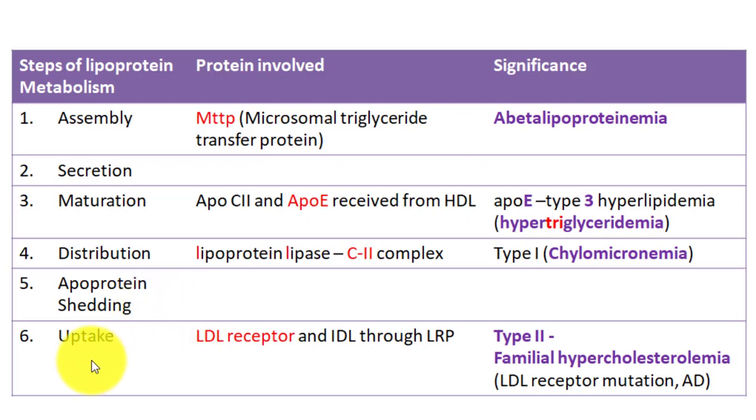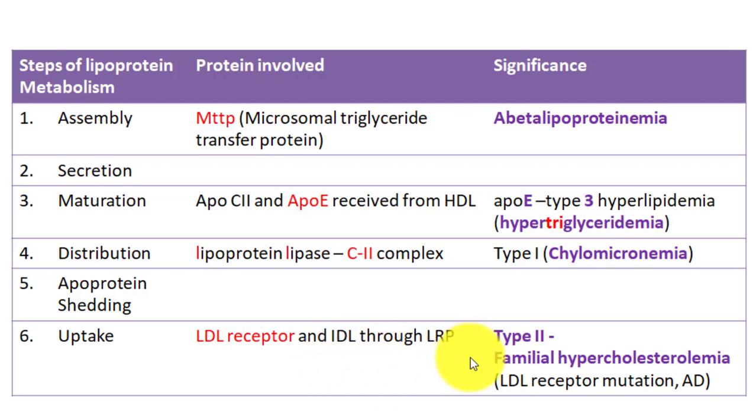Now this LDL will be taken up by the LDL receptor of hepatocytes. Generally 70% of LDL will be taken up by hepatocytes. So the LDL receptor on hepatocytes will take up this LDL, and IDL will also be taken up by the LDL receptor related protein, mainly.